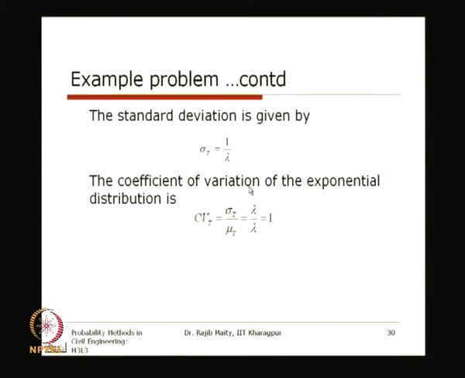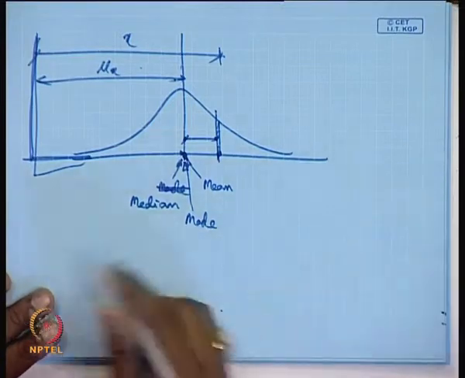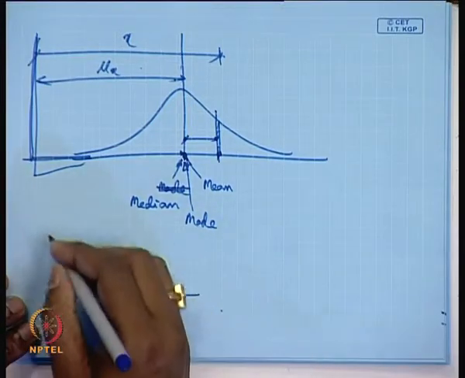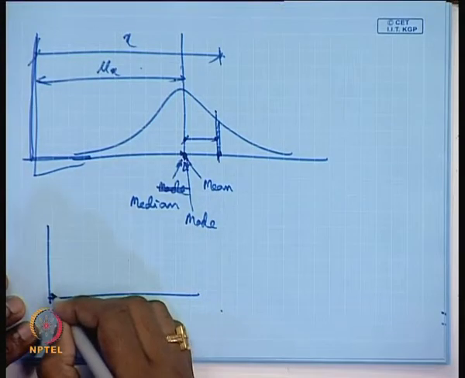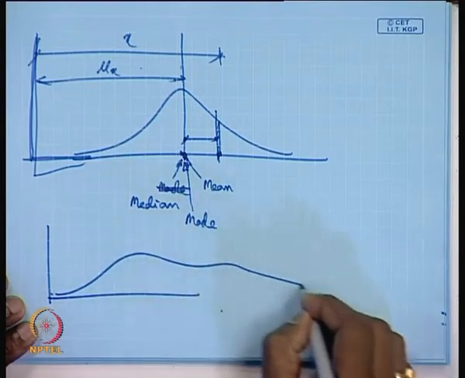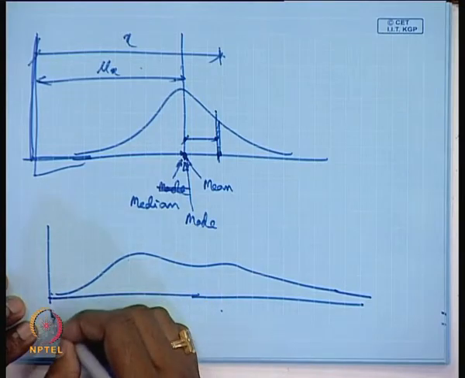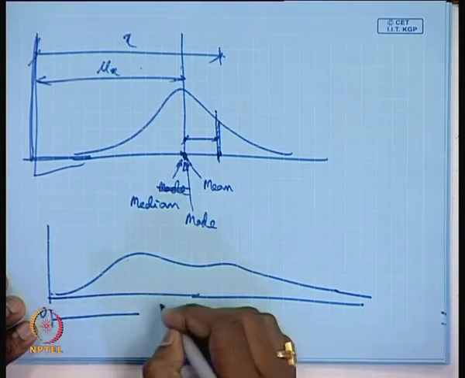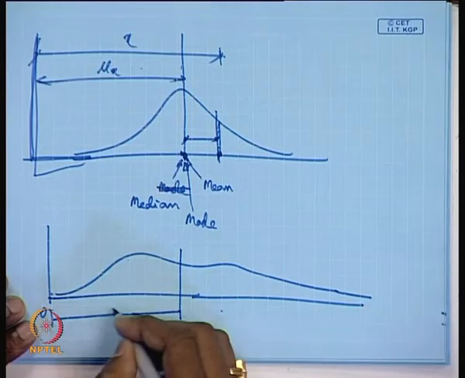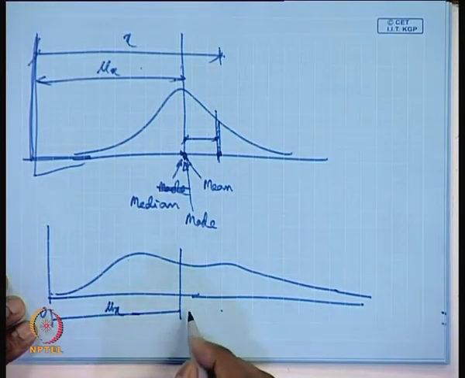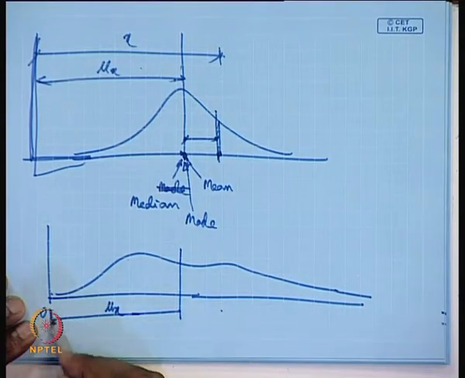What we have seen today is how the first moment about the origin comes from one particular distribution, and in the next class we will see how the mean comes from this. So, this is basically your mu x, the moment with respect to the origin.